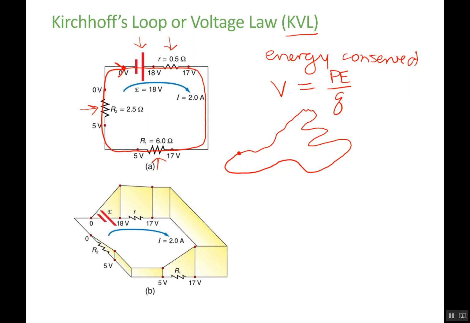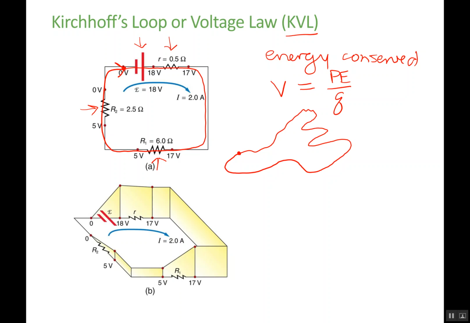Your gravitational potential energy where you started is the same as where you ended because it's the same place. If you add up all the changes in your gravitational potential energy on that hike, you end up with 0 because you end up where you start.